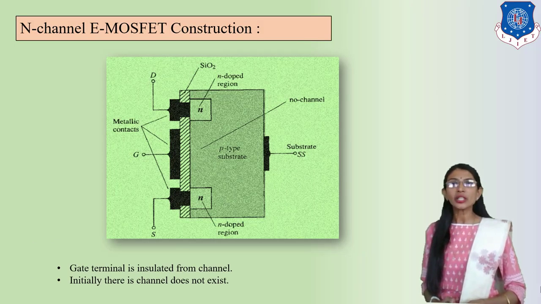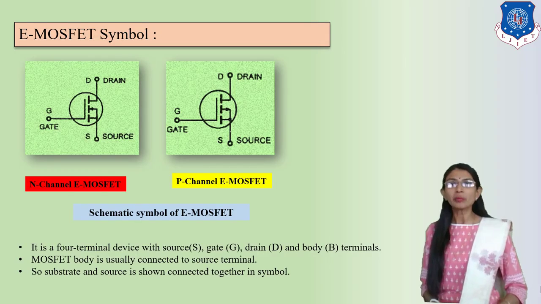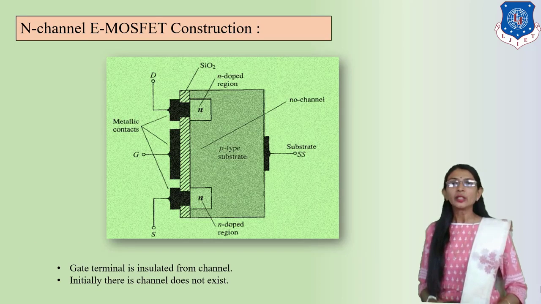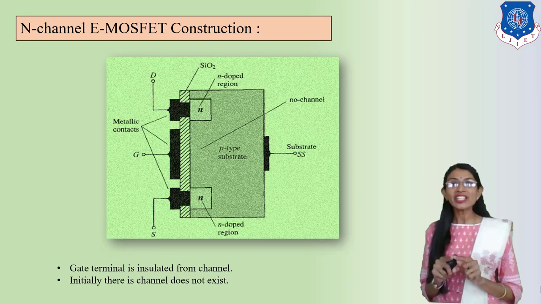Now let us see the N-channel E-MOSFET construction. Look at this symbol and construction. According to this symbol, first of all I am explaining the N-channel E-MOSFET. Always we have the P-type substrate.